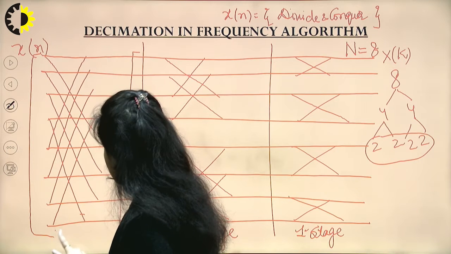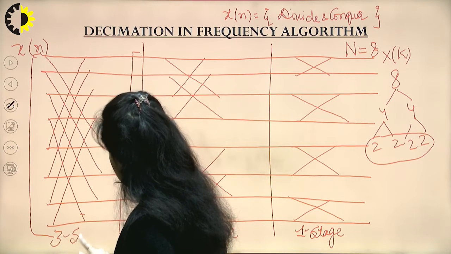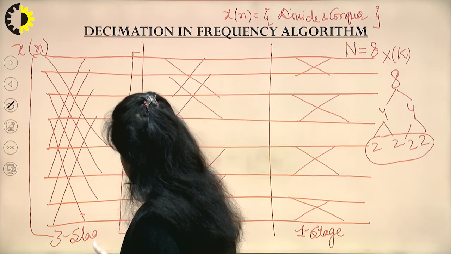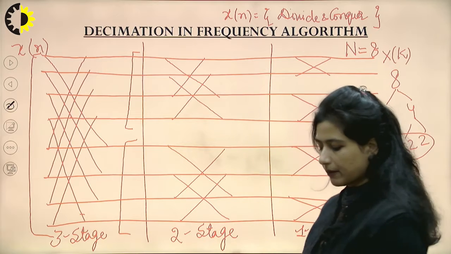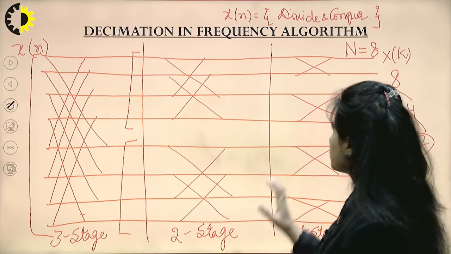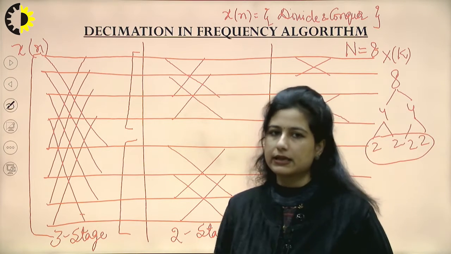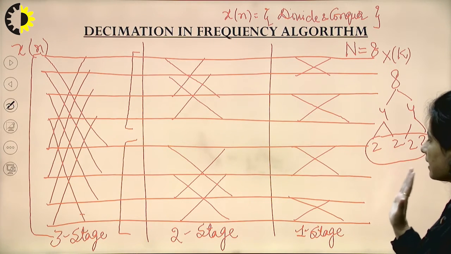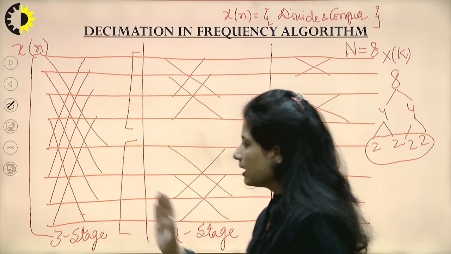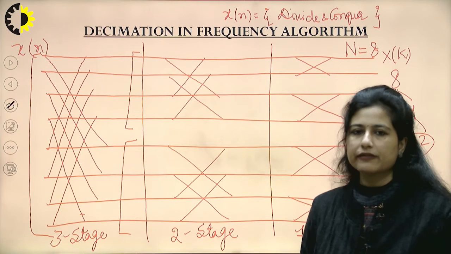So that comes out to my third stage of connecting the samples, first half and the second half samples. If we can map the two algorithms DIT and DIF, if I look at the graph from the right hand side and move toward the left hand side, this looks like the DIT graph itself.